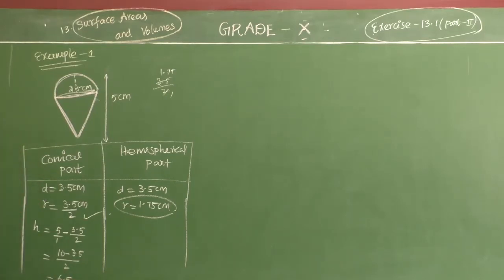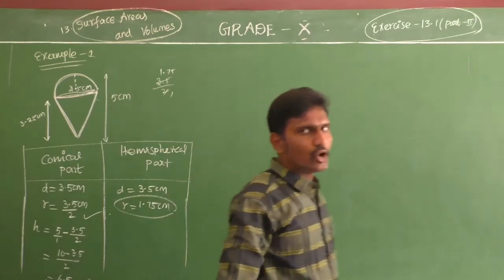Simplifying, we get 3.25. So the height of the cone is 3.25 centimeters. Have you got it, children?